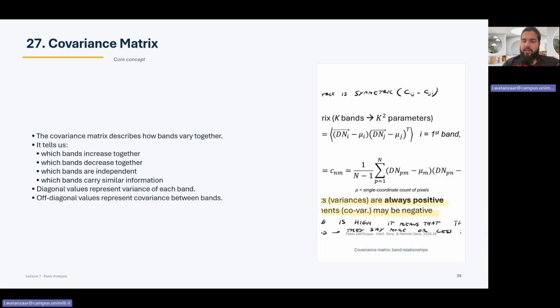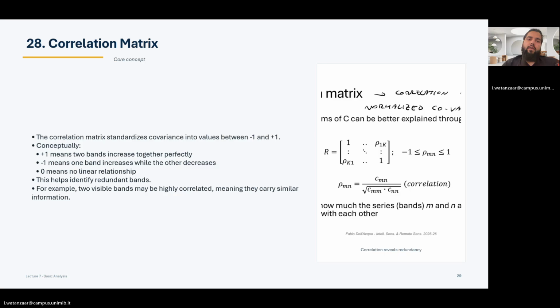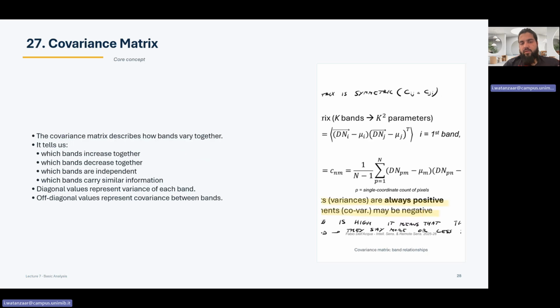So each band is separately different from another, but the off-diagonal represents the covariance between the bands. Covariance, as the word reflects. If you see the off-diagonal values, they have a common variance between the bands. If they don't have, that means it is on the diagonal, so the diagonal is representing the difference, and there is no common variance between the bands.